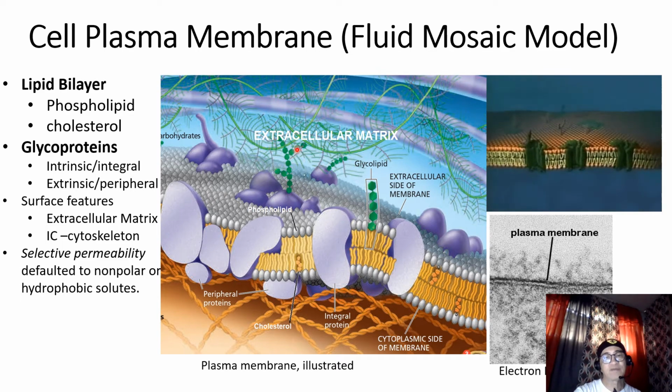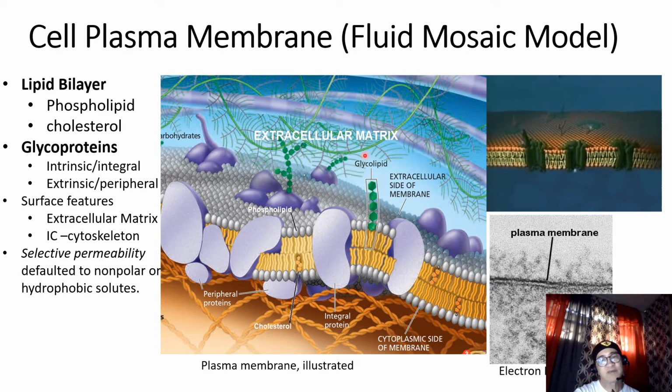Apart from this short branching chain of carbohydrates that can act as receptors or as determinants of blood type, there are also a lot of proteins and polysaccharides that are enmeshed on the surface of the plasma membrane, forming the extracellular matrix.